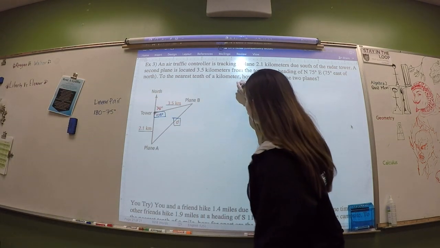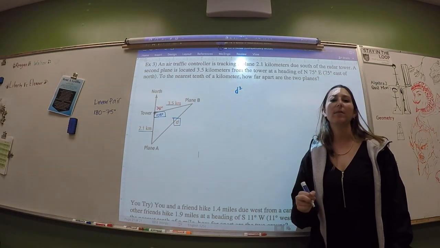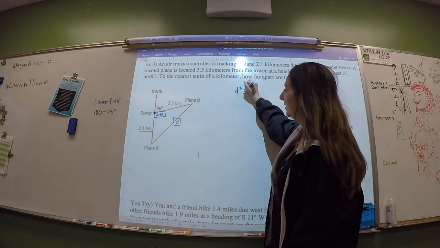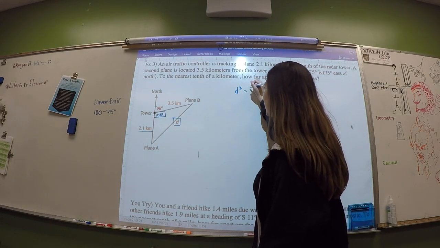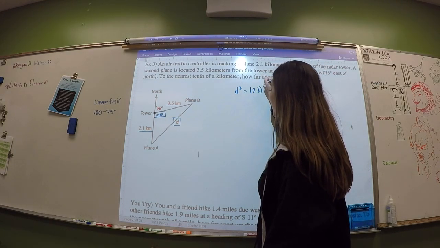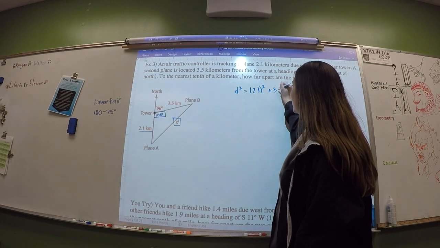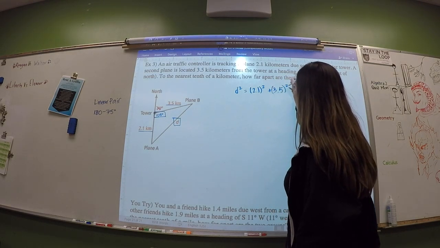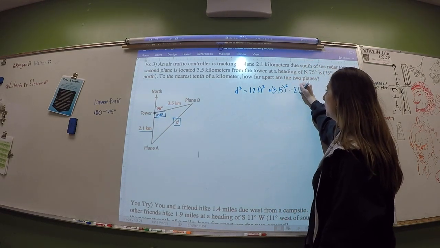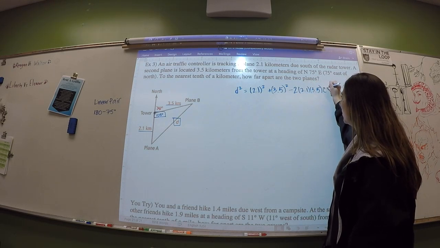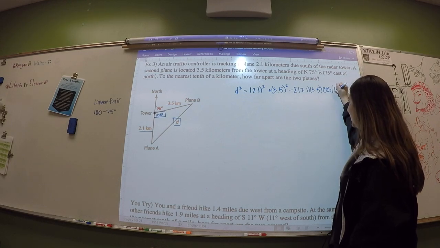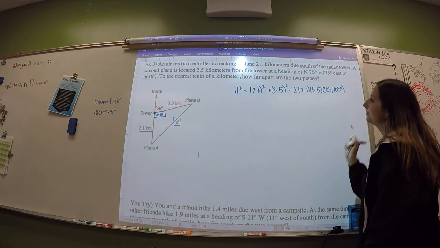So we have d squared at the beginning equals, we're going to square the other two sides, so you're always squaring sides. Sides get squared. And then minus 2 times the sides times the cosine of the angle, which is 105 degrees.